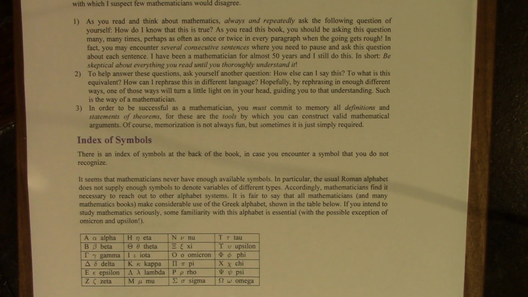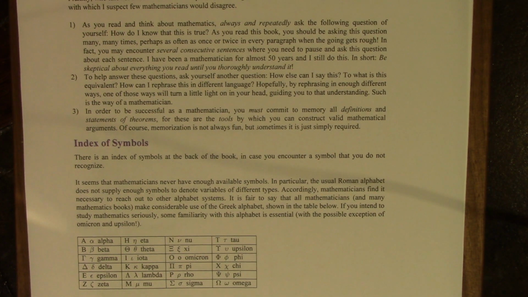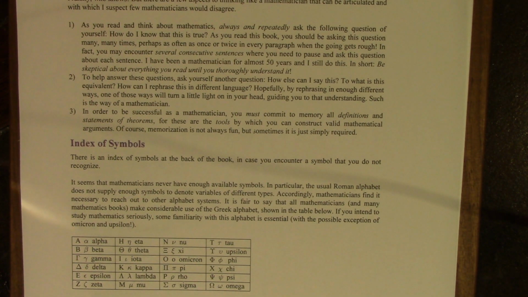Everybody absorbs information, especially highly technical information, in a different way. Of course, to be successful at doing this, you must know the terminology, the definitions, because they are the key to finding other ways to say things.